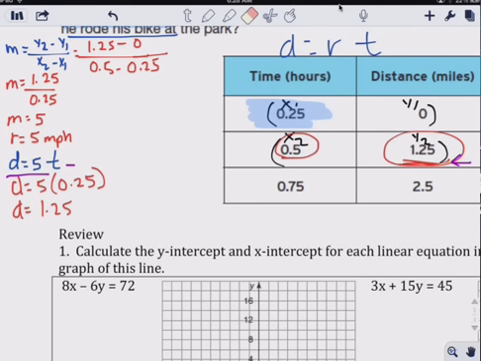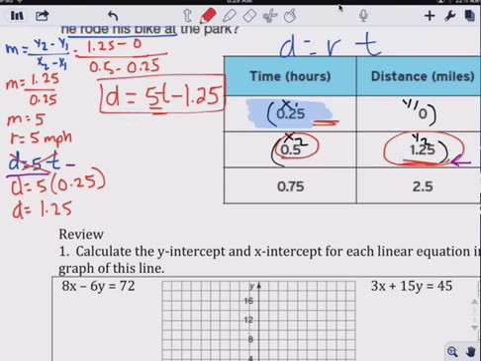So because he's already traveled that, the distance formula is not this. It is 5 times t, which gives your total distance, and then you have to subtract the distance you've already traveled, 1.25 miles. Okay? That is the actual formula.